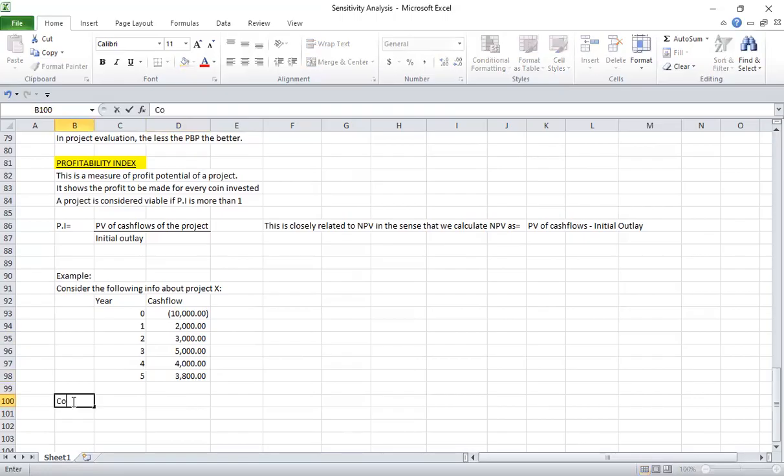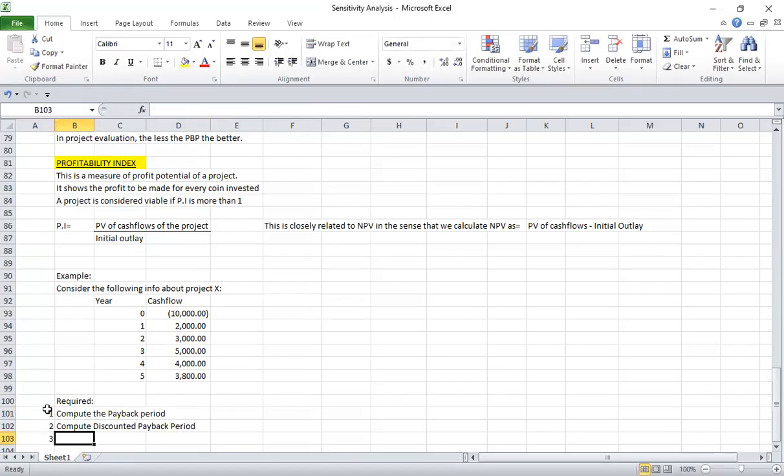I want us to compute. So what is required? Number one, we compute the payback period. Number two, we compute the discounted payback period.